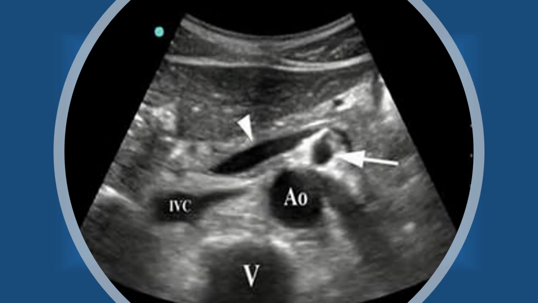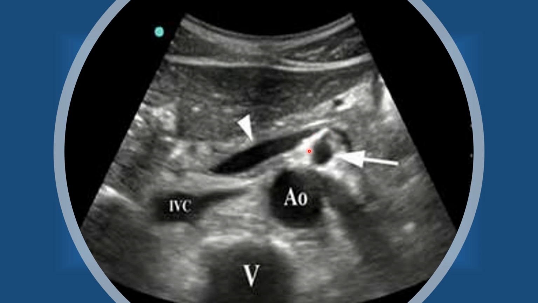Okay, in transverse, what you're going to see is you're going to be slightly lower than where you were to get the seagull sign. As you move inferior on your patient, you're going to see that superior mesenteric artery as its own little circle anterior to the aorta, and it's typically surrounded by a bright ring of connective tissue.